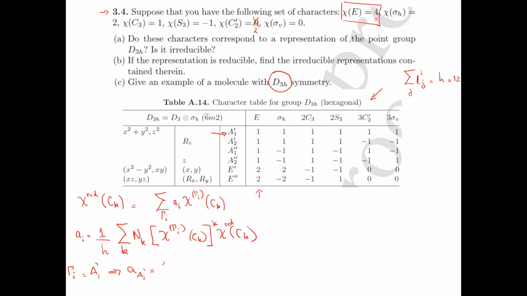It's 1 over h, so 1 over 12, and the sum over classes. Now we need to be careful here because we have to multiply three numbers: number of elements in each class and the characters for both representations. Okay, so for the identity class it is 1 times 1 times 4, right?